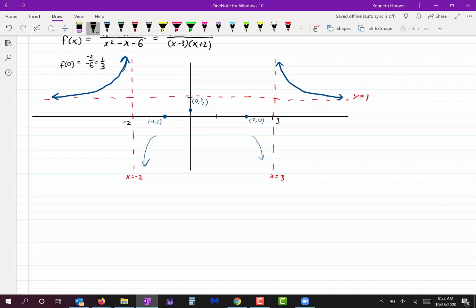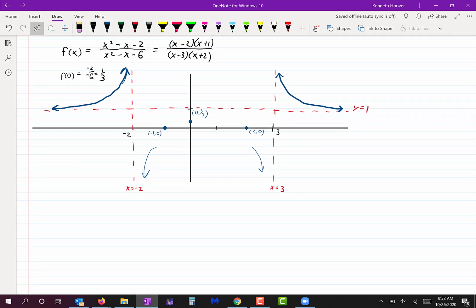Okay, so what's f prime of x? That should be an easy problem for you now. Use the quotient rule.